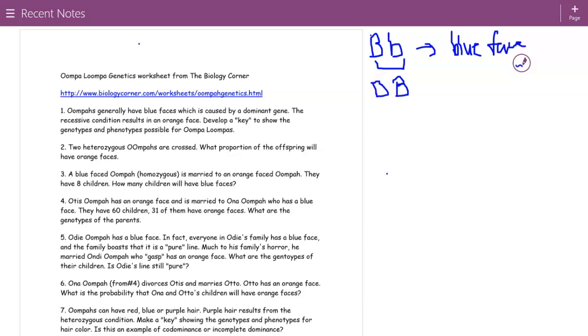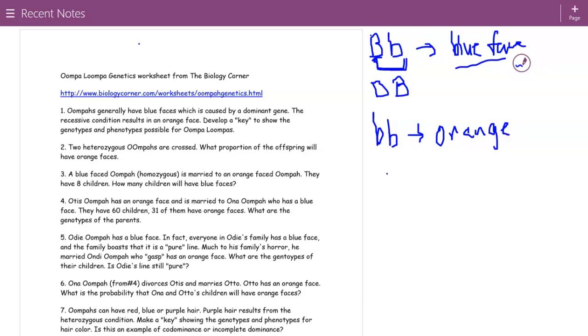In order to get an orange face, what do you need? 2 copies of the recessive allele will give you an orange-faced Oompa. All right, so that's what you should do every time you are doing the genetics problem. Figure out what your dominant allele is, what your genotype is to get a particular phenotype.